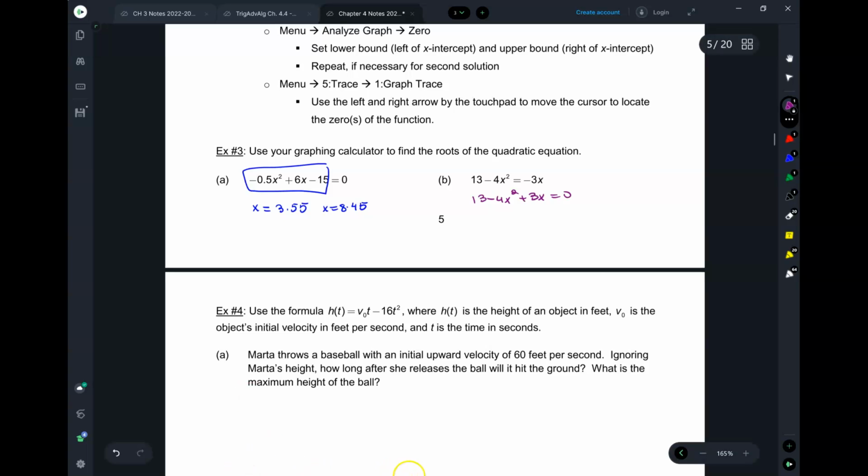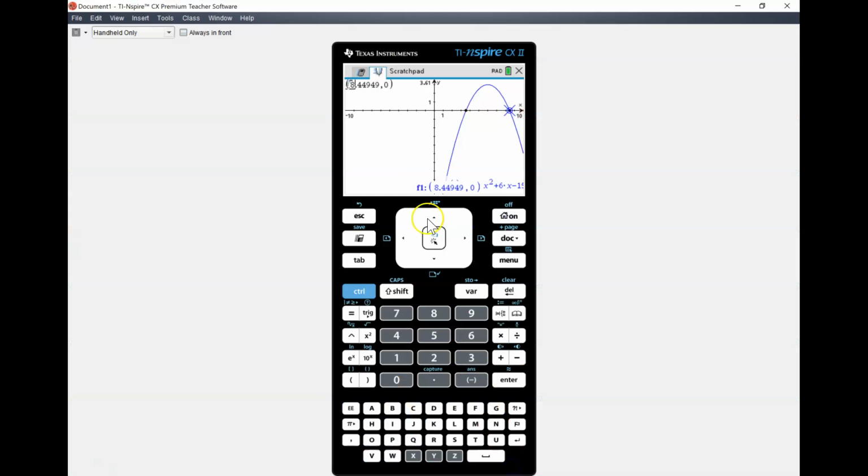So how are you going to do that? You're going to tab, press up, control delete, put in the new function and press enter.